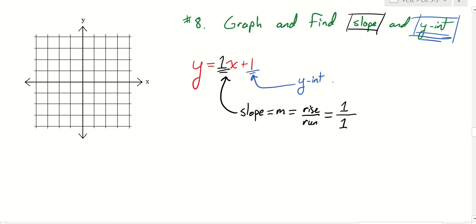You could say the y-intercept is 1, or you could say the actual coordinates of the y-intercept. Because the y-intercept always lies along the y-axis, the x value is always going to be 0, and the y value is just going to be 1, that value right there. So the y-intercept there is 1.